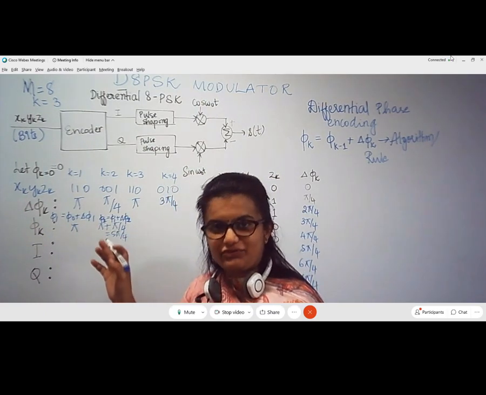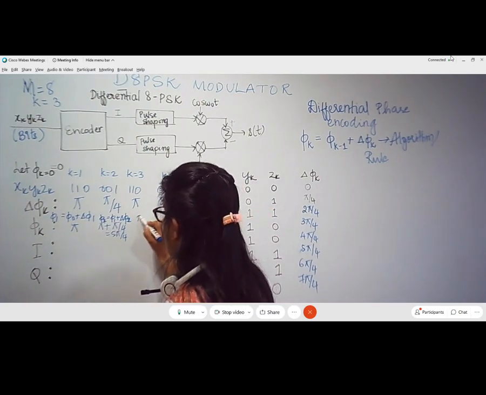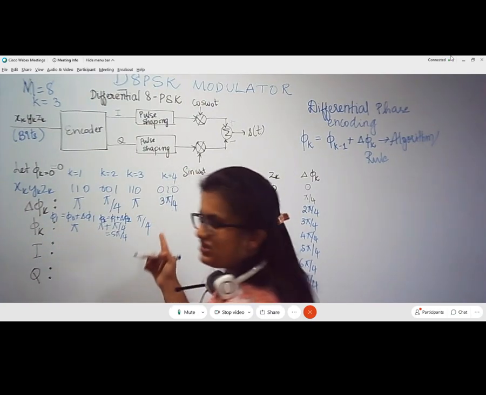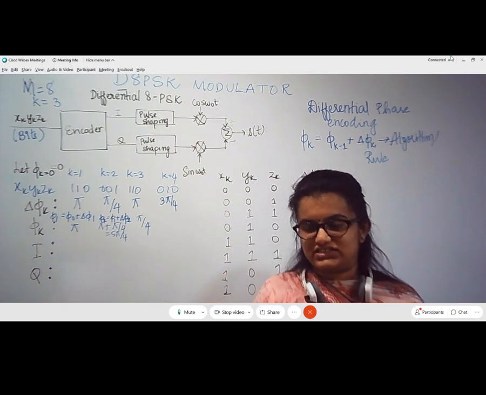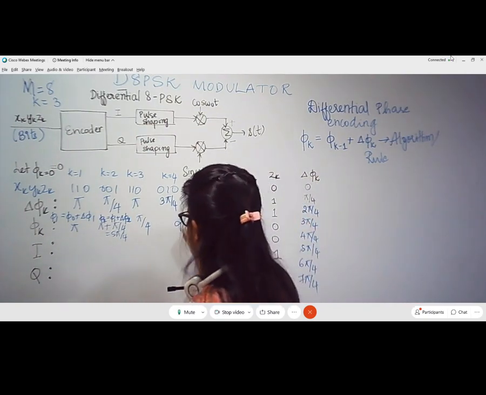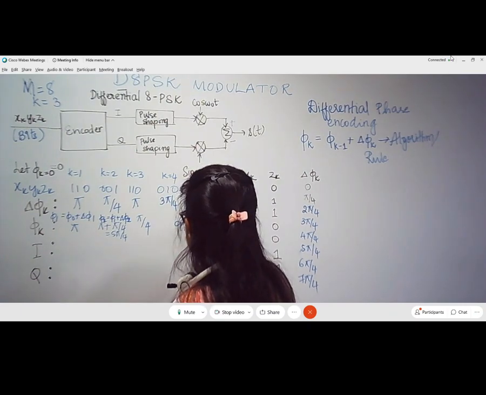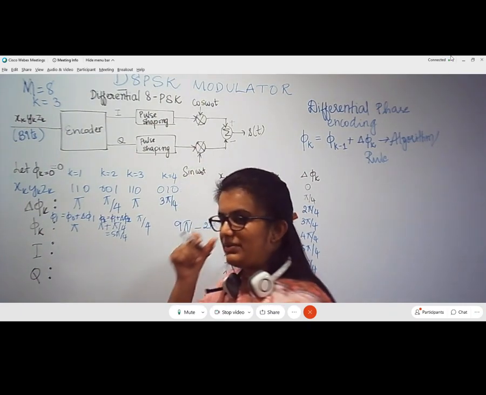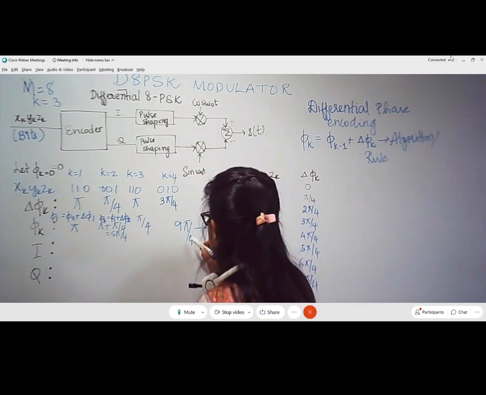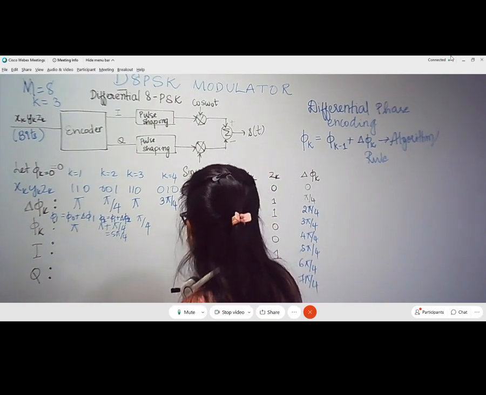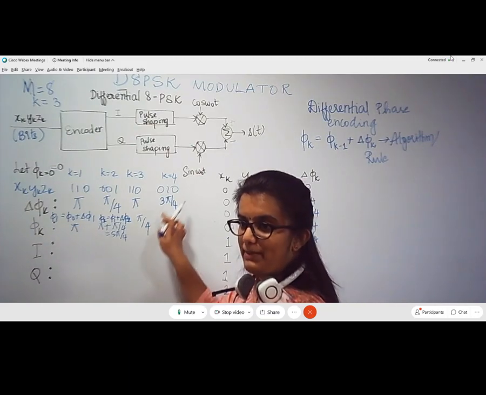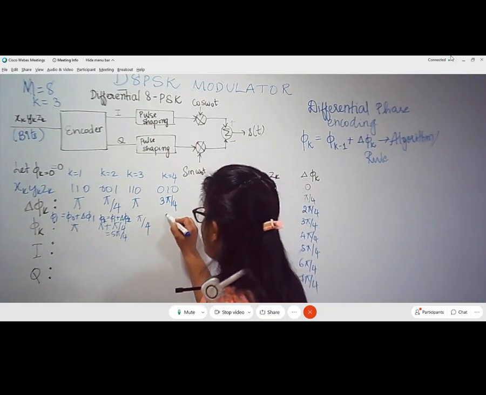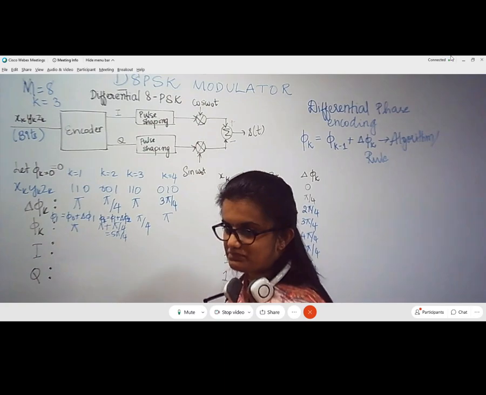Subtract 2 pi from that, you are going to get pi by 4, because all the angles should fit within the 0 to 360 degree only. If it extends beyond 360 degrees, subtract 2 pi from that. You are going to get pi by 4 as the answer. Next, pi by 4 plus 3 pi by 4, you are going to get pi as the answer.